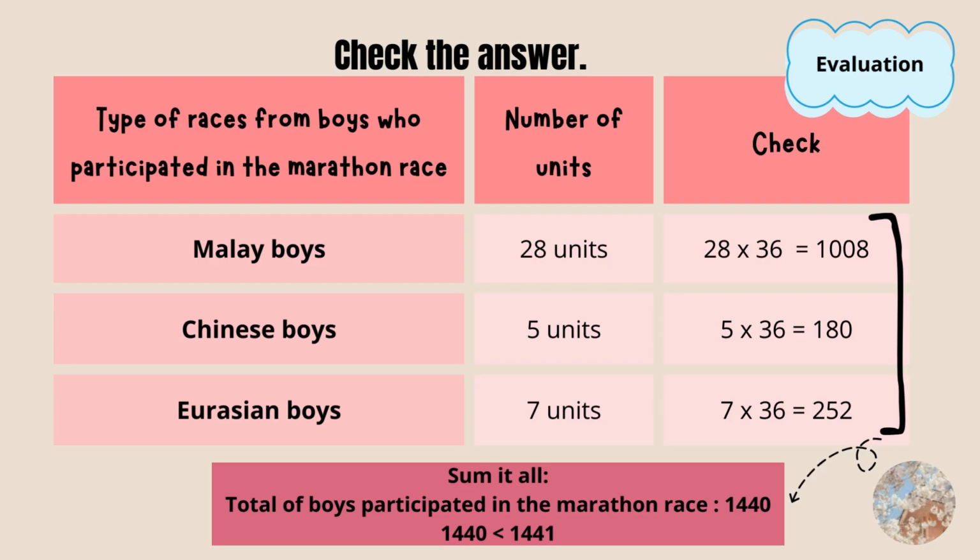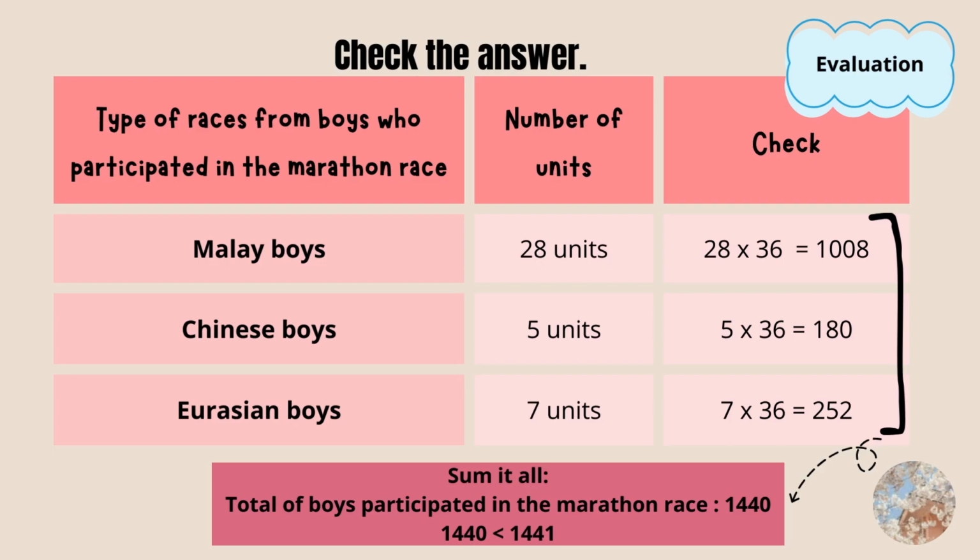So we need to check whether the answer is true or not. 28 multiplied by 36, we get 1008. Then 5 multiplied by 36, we get 180. Then 7 multiplied by 36, we get 252.